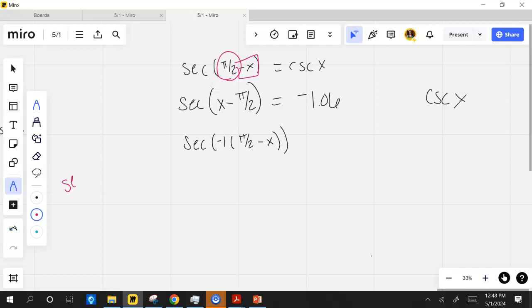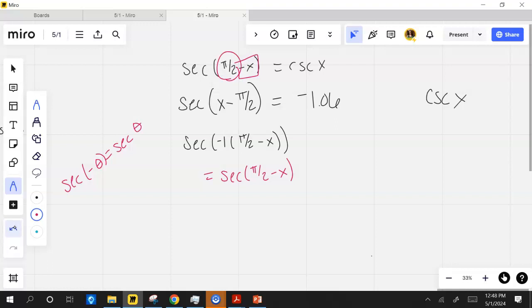What's secant negative theta? It's just secant theta, right? It doesn't matter if the theta is negative. It's going to drop off and leave me with the same thing. So this is the same thing as the secant of pi over 2 minus x, because that negative doesn't impact.